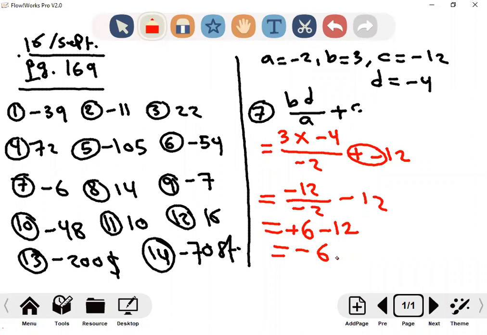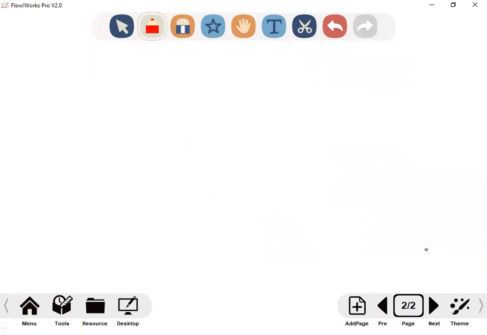Now in question 8, write the steps so you understand, not only the final answer. In question 8 we have AC over B minus, A plus D between parentheses, right?